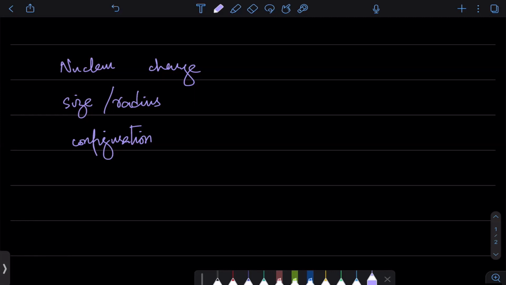So that repulsion, if it is greater, then the bond that is formed, the force of attraction between this electron and the nucleus is going to be weaker. And that means the value is going to be lesser. So again, जितनी strongly वो nucleus के साथ bond होगा, उतनी high उसकी electron affinity value will be.